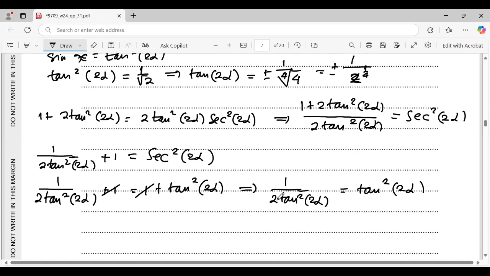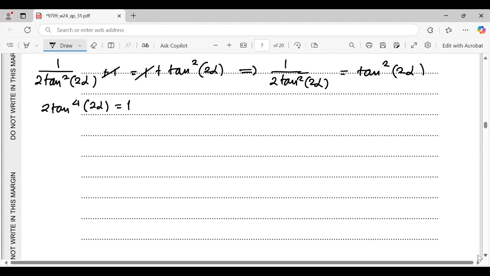After that, 2 tangent squared 2 alpha multiplied by tangent squared 2 alpha, so it becomes 2 tangent power 4 of 2 alpha equals 1. So tangent power 4 of 2 alpha equals 1 half, because 1 divided by 2.